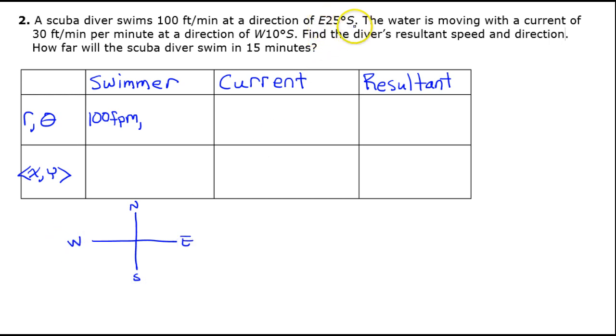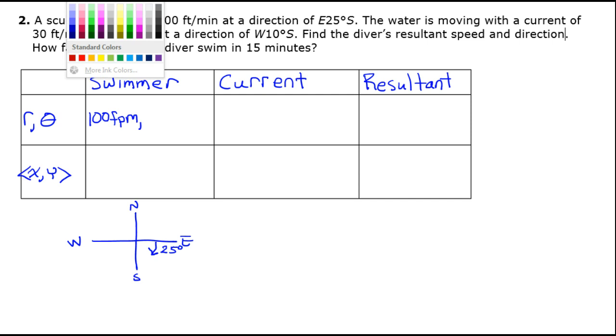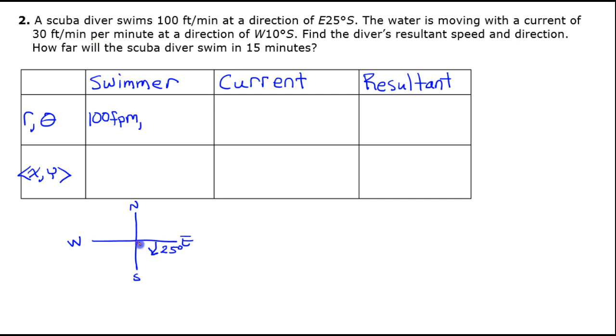East 25 degrees south. That means start at east and turn 25 degrees towards the south. So this is 25 degrees right here, and the vector is here.